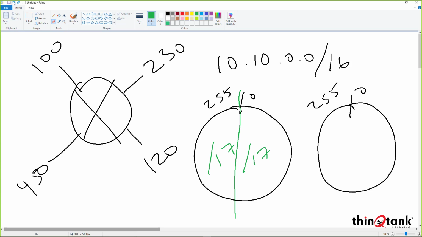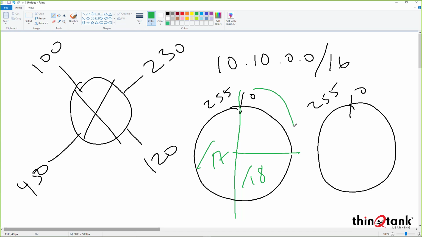So let's say now this is divided again, and now it becomes /18. So this is still a /17. This is a /18. Because again, each time you divide a piece, you're borrowing an additional bit.